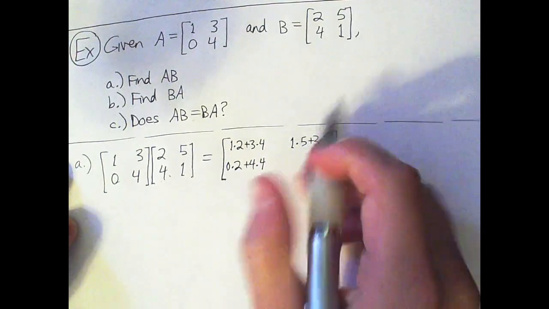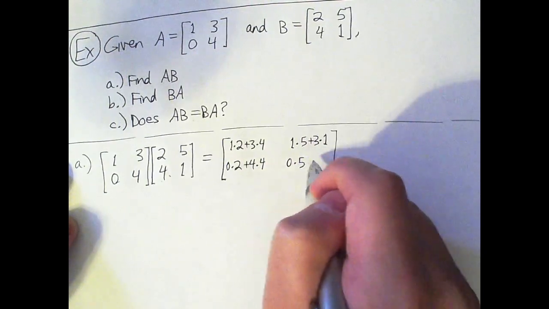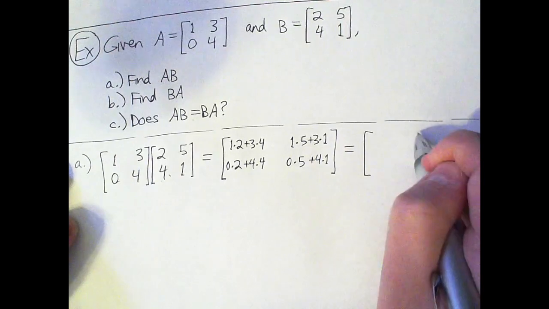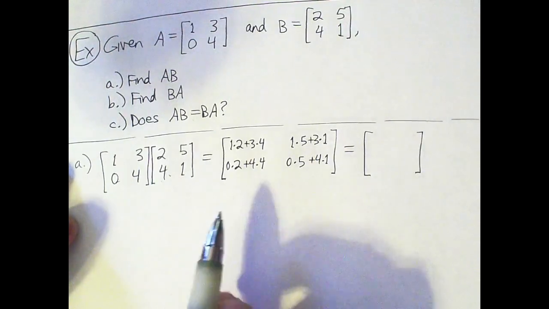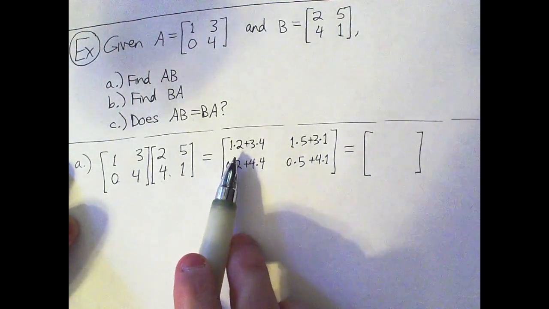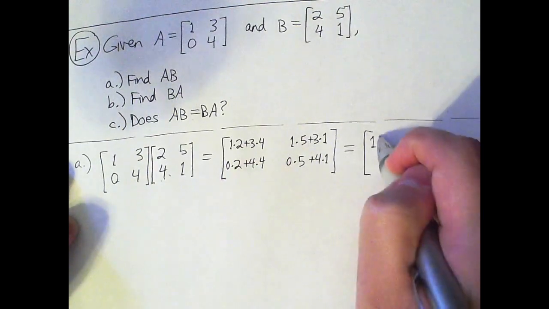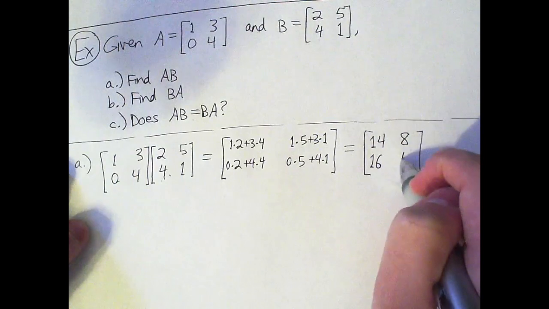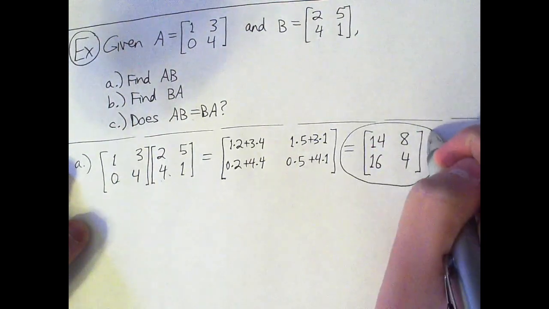And then lower right is 0 times 5 plus 4 times 1. And we'll simplify this. Should get 14, 8, 16, 4. That's the answer to part A.